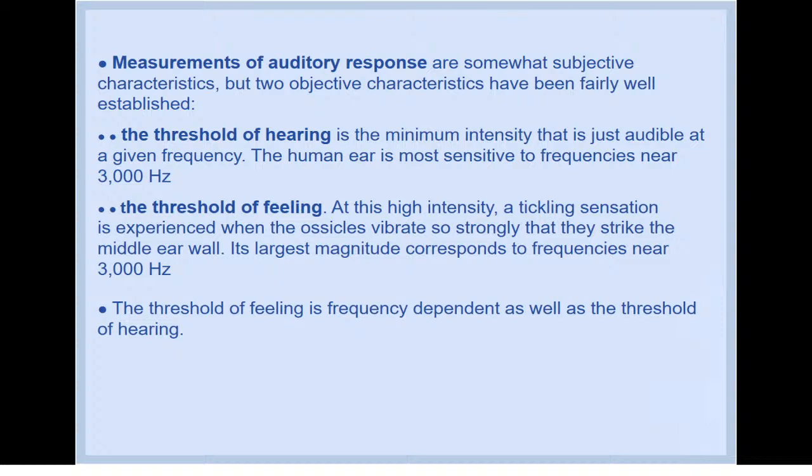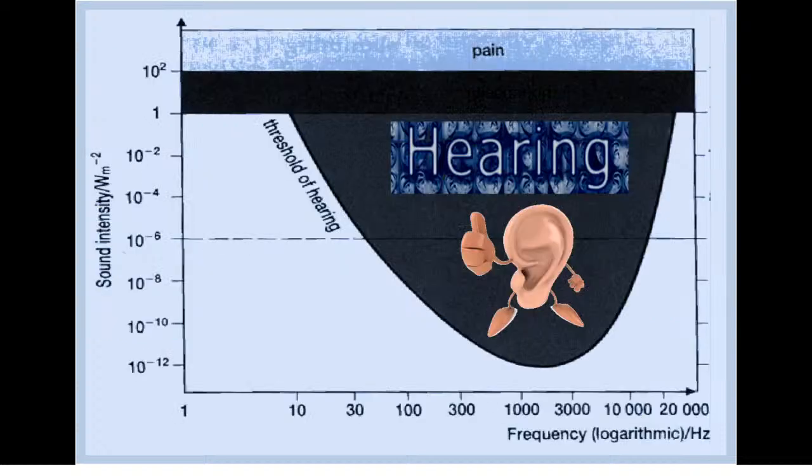It is the specificity of the human ear, this dependence of the intensities, threshold of hearing and threshold of feeling, on sound frequency. And this dependence is shown here. Sound intensity, you can see, and this is the sound frequency in logarithmic scale.